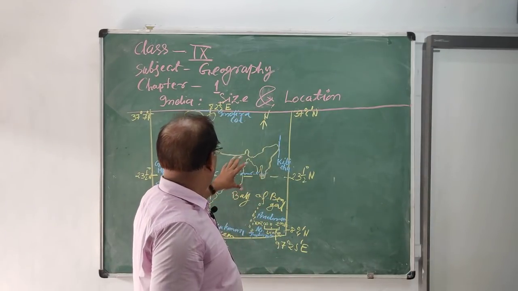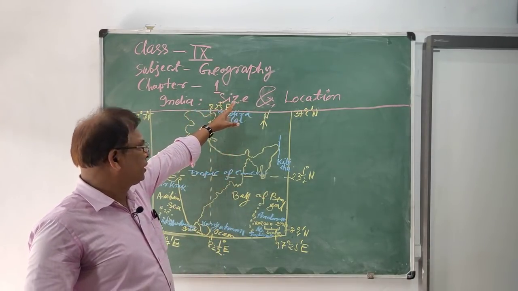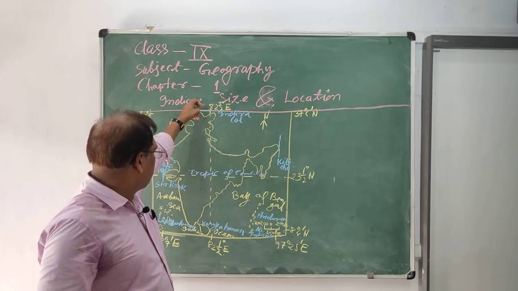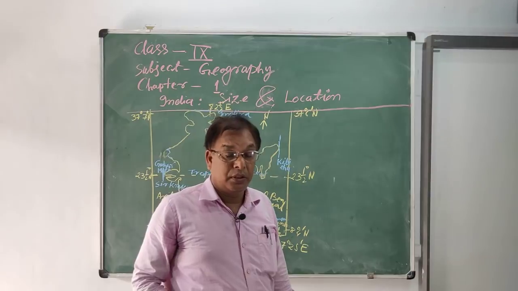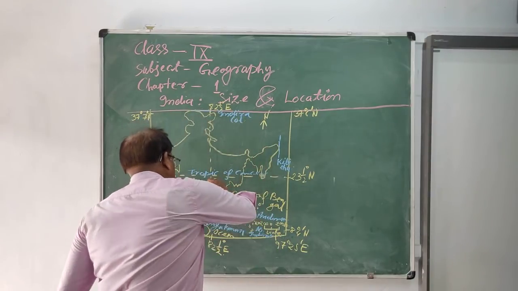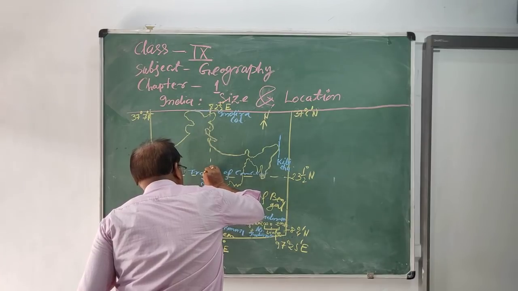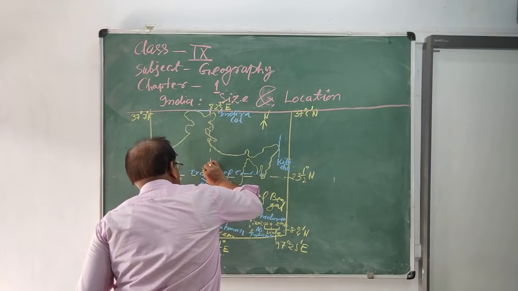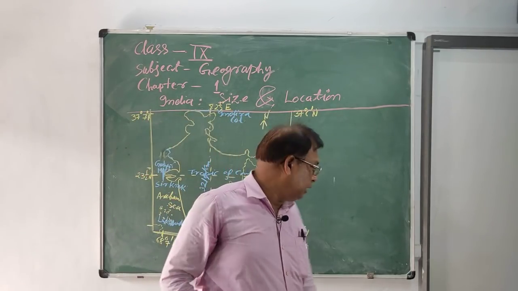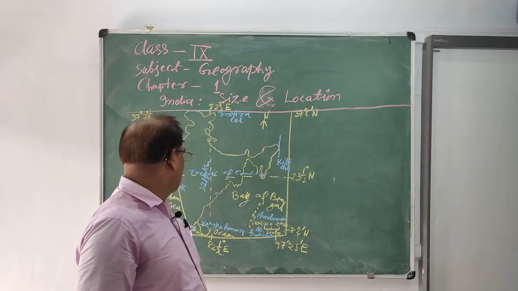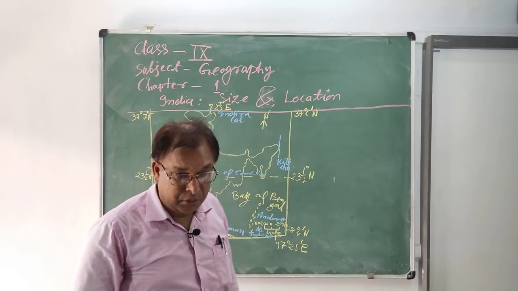So you can say, now you will also learn about the size. The length of India from north to south is 3,214 kilometers.